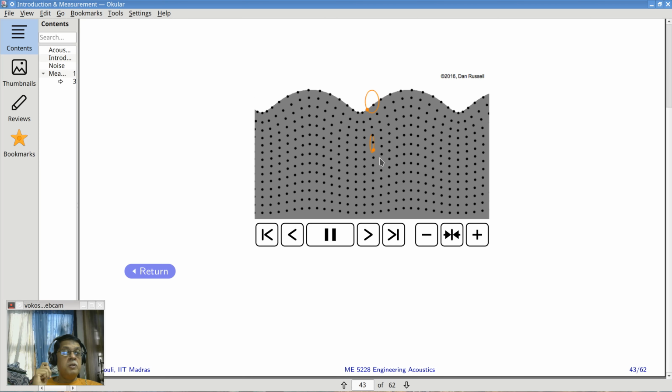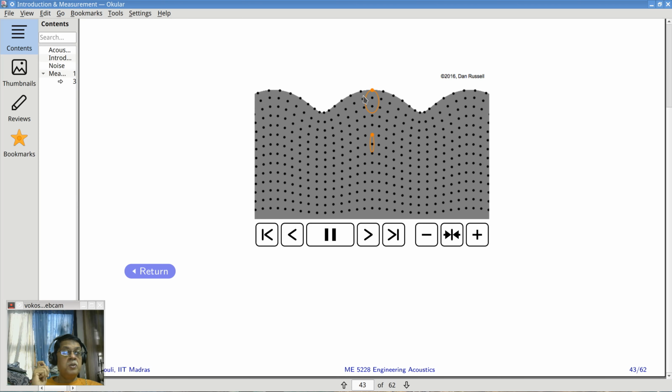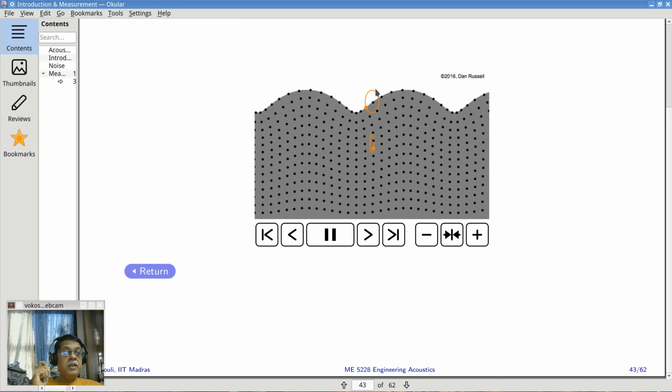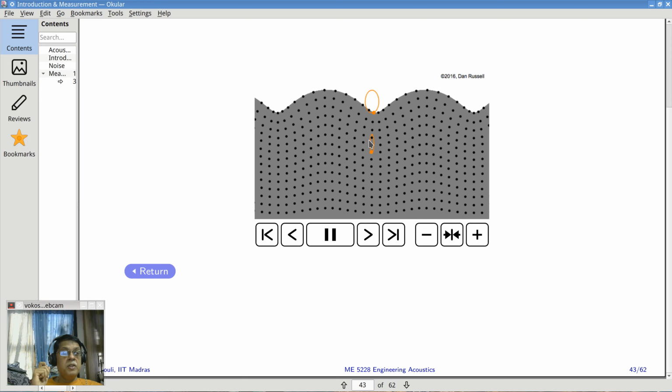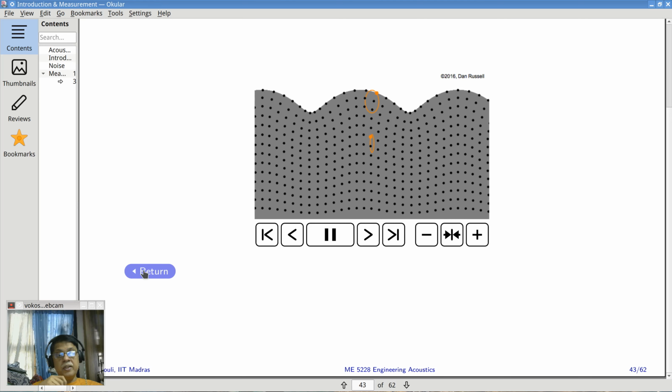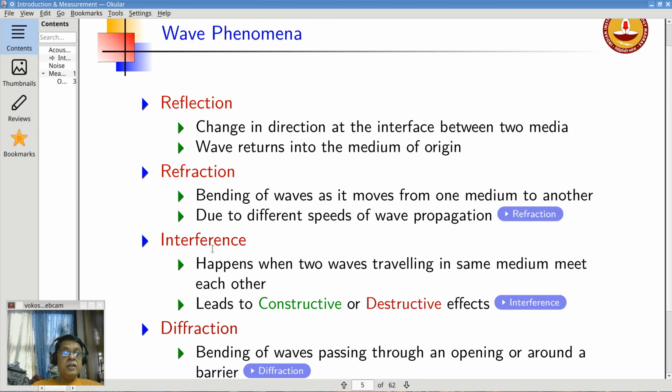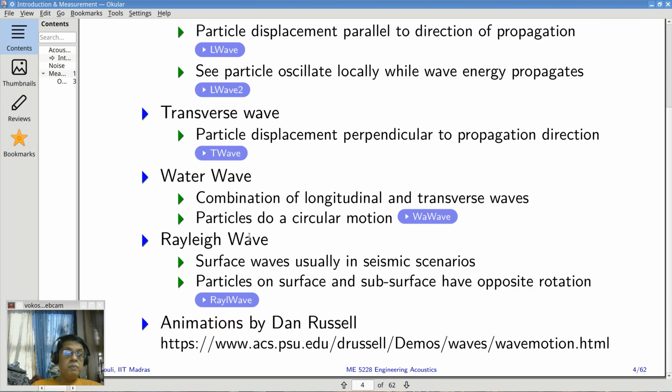I hope you are able to visualize that. So this is going in an anticlockwise direction, whereas the one below the surface is going in a clockwise direction. I should thank Dan Russell from Penn State University for this nice visualization, so I don't have to reinvent the wheel, and I can simply use this and show you what is going on.